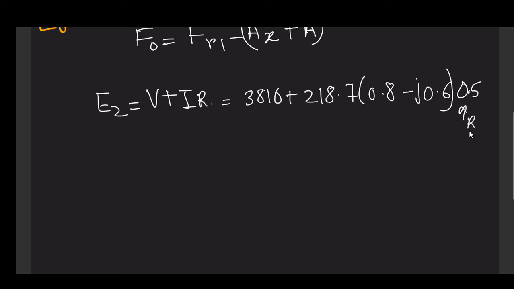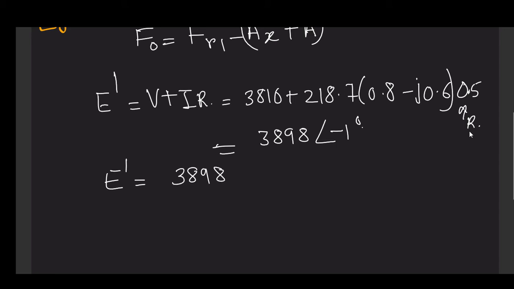This is R. So E2, or E dash, in our discussion we denoted it E dash, will give you 3898 angle minus 1 degree. So basically a very small amount. So E dash is equal to 6751.5 volt.